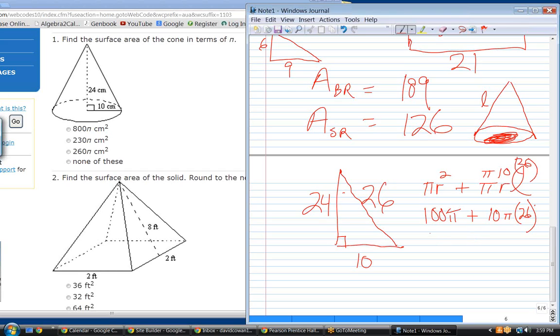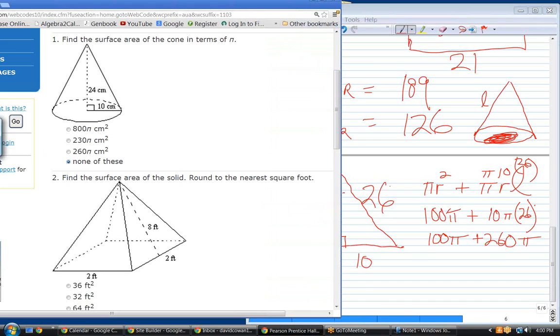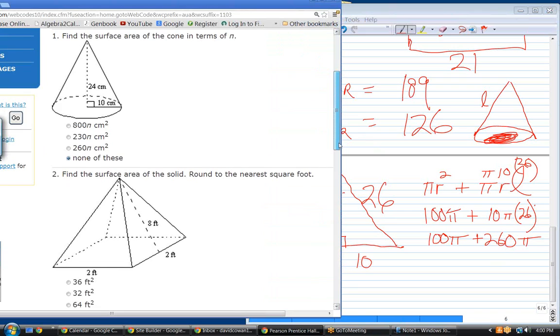Oh. So this would be 100 pi for the base plus 260 pi for the lateral area. It'd be none of those because there isn't a 360. It's the first time I've ever seen that be the correct answer.